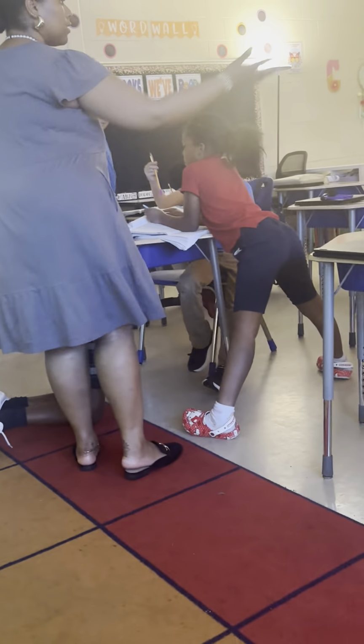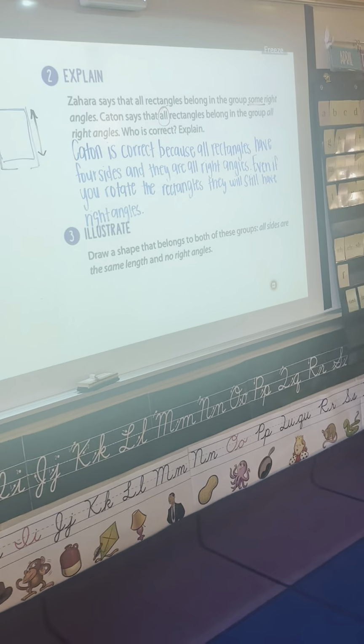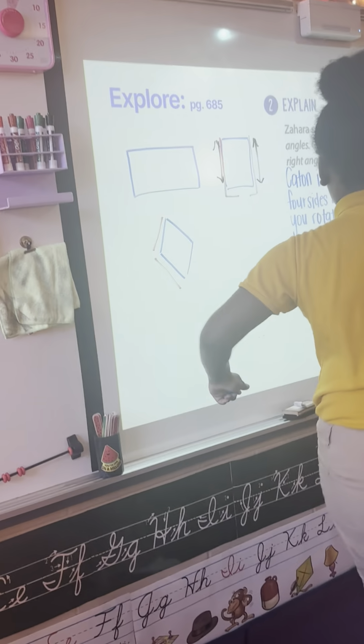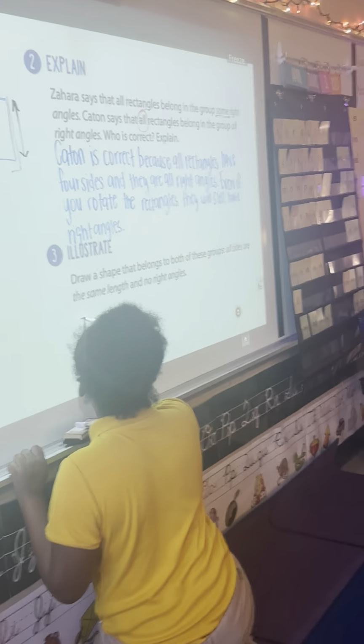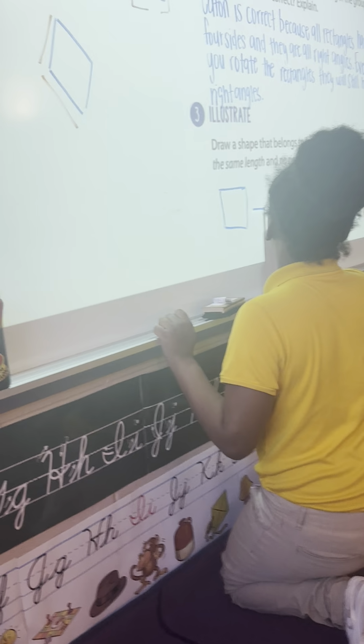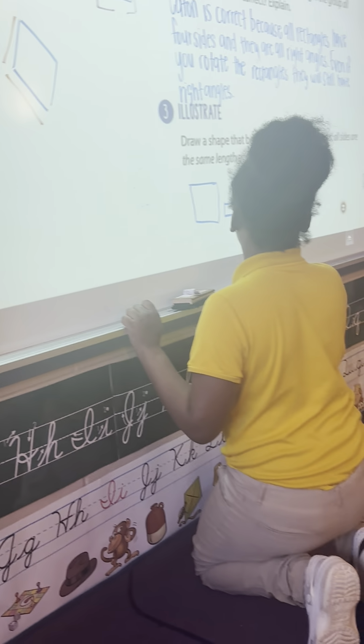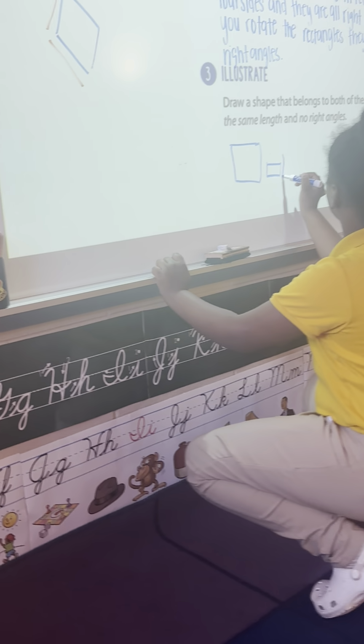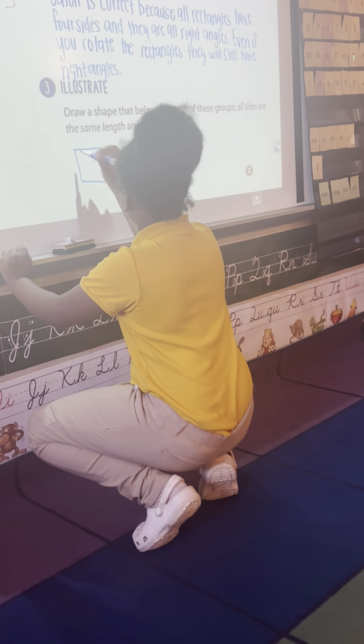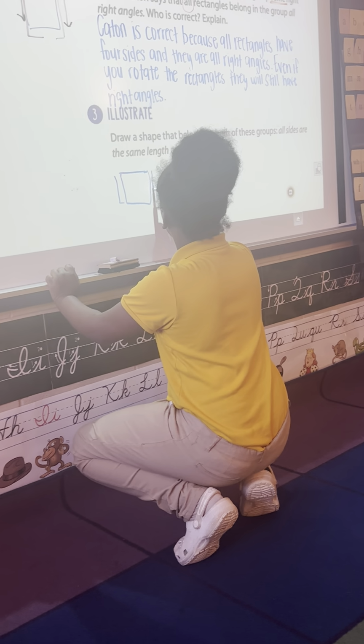Alright. Which group is ready? One of y'all come in here and draw. Okay, so we put a square and a small square, because this one has a right angle and the other one has a right angle.